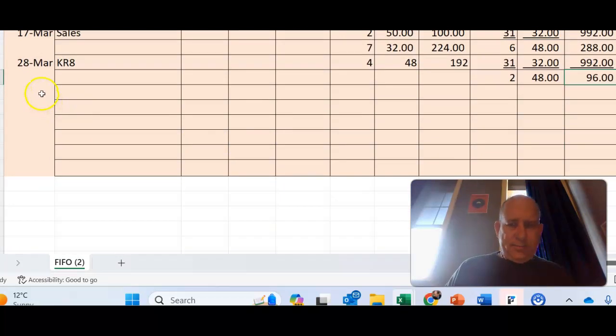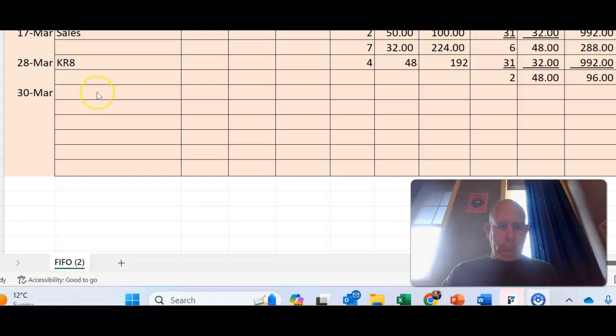Up to the last date, the 30th. There's 2 things that happen here. There were 3 missing, so that's called a shortage. So basically 3 have been stolen, so they're going to be out.